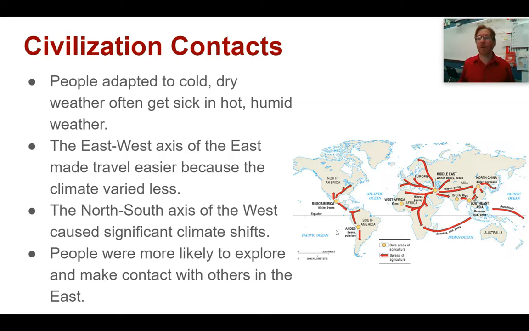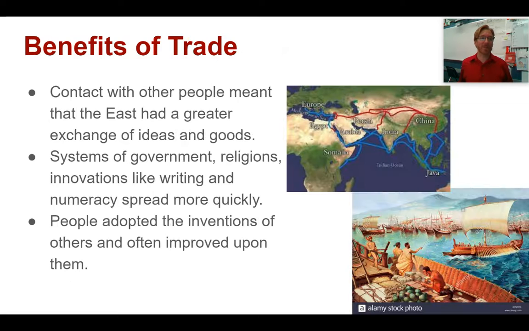So that made exploration and long distance travel much more common, much safer in the Eastern Hemisphere than in the Western Hemisphere.